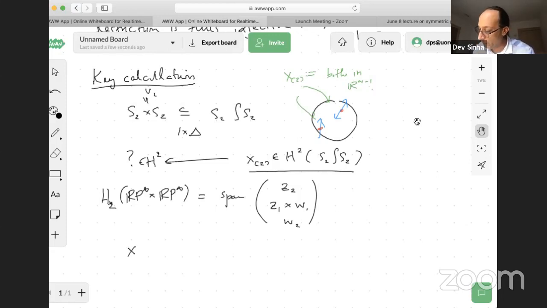I'm going to omit the inclusion map as we discuss this. So the question is, what is the value of x2 on, say, Z2? And that means that Z2 is allowing the pair of antipodal points to go anywhere. It's constant on the lines.